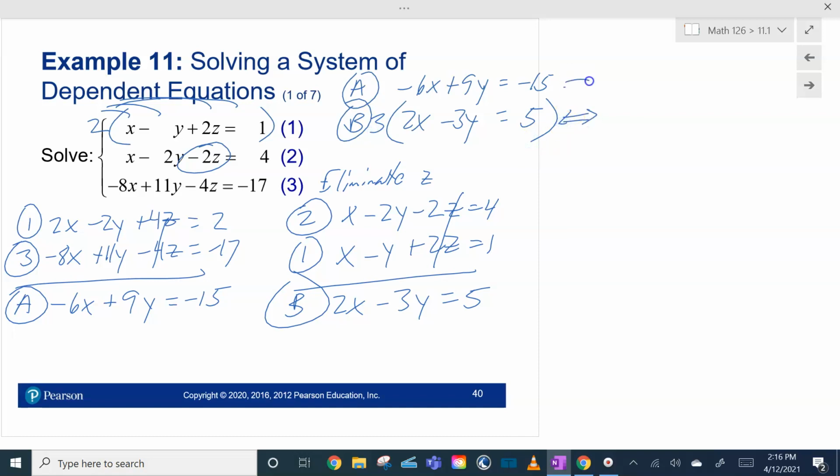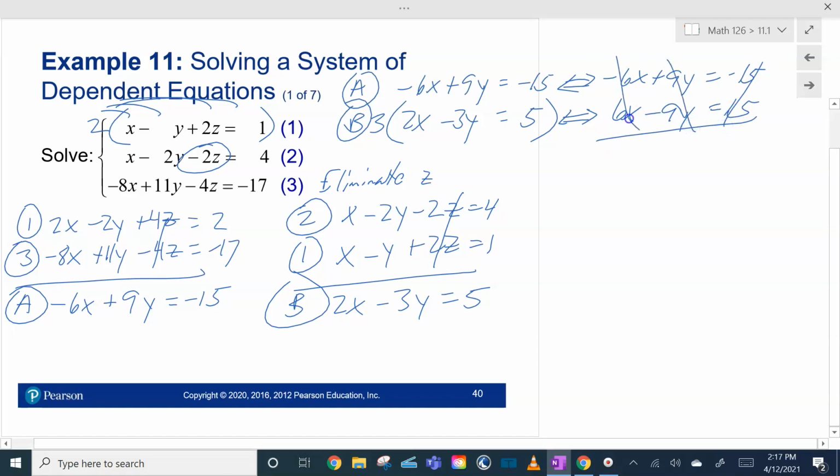So the top stays the same, and the bottom becomes 6x minus 9y equals 15. See how that's gone? The y's are gone. The x's are gone. So we got 0 equals 0. This is a true statement. So what this means is we have a dependent system, with infinitely many solutions. So we have infinitely many solutions here.